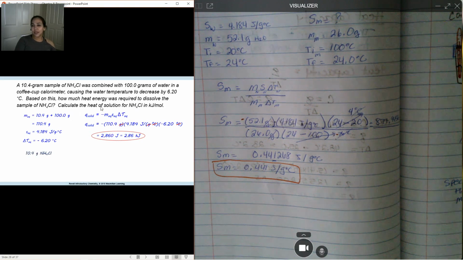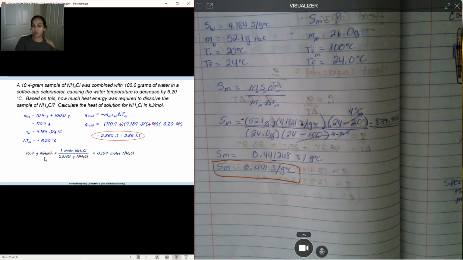Next part, calculate the heat of solution for ammonium chloride. So we have 10.4 grams of ammonium chloride. And now we're going to use the formula mass of ammonium chloride, right? And grams are going to cancel out, and we're going to be left with moles. Why did we do that? Because it wants it in kilojoules per mole. It doesn't want kilojoules per gram.